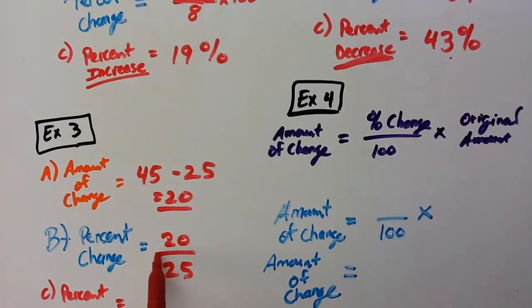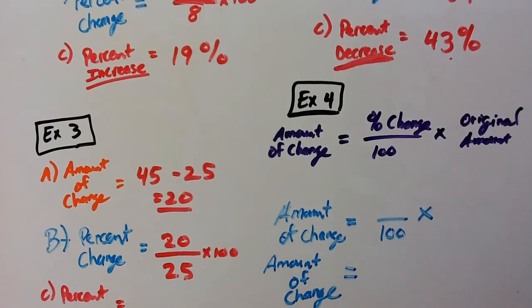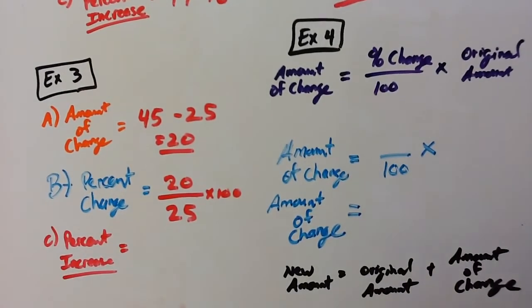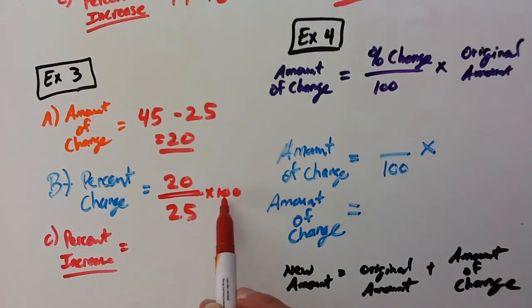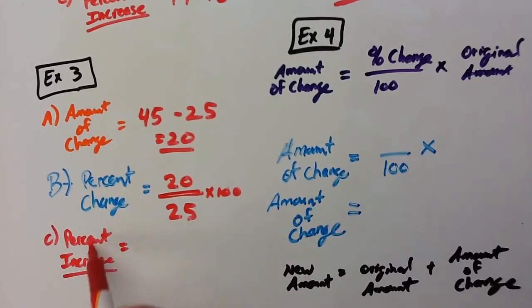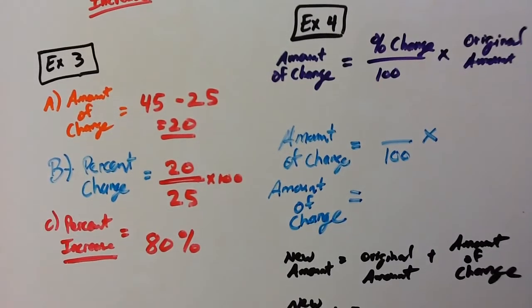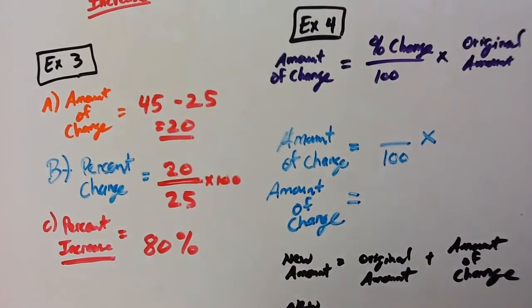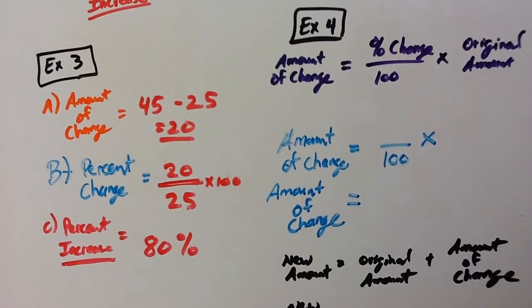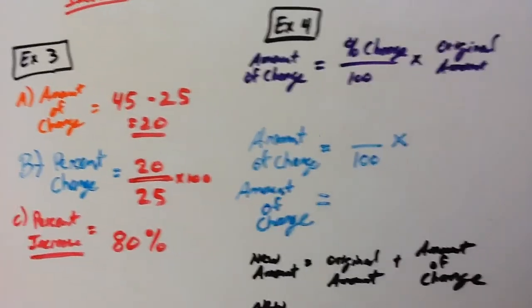So 20 divided by 25 times 100 is a percent increase of 80%, because the value is increasing from the first day to the second day. So 80% increase.